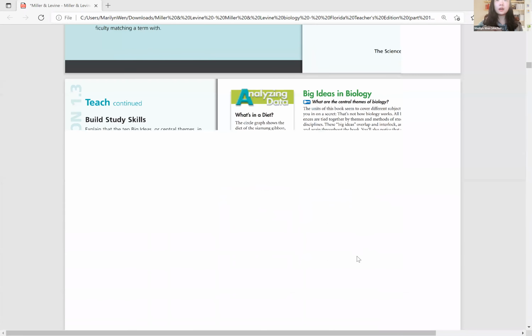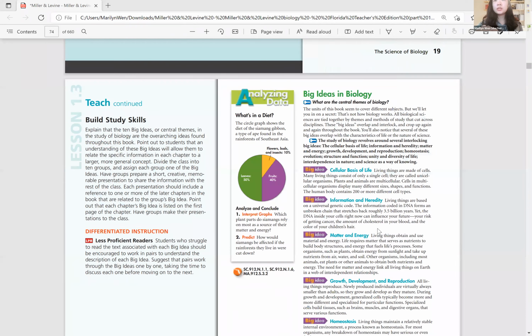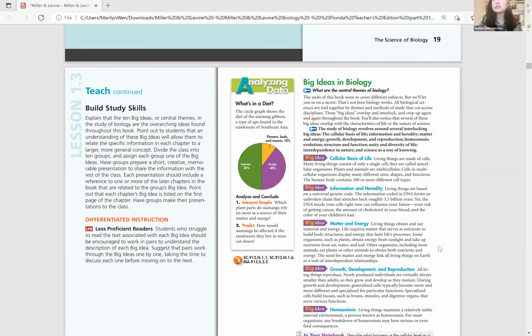Okay. So next one. Again, these ones are more general information. It's the same thing as what we just talked about, but it explains it in a different way.